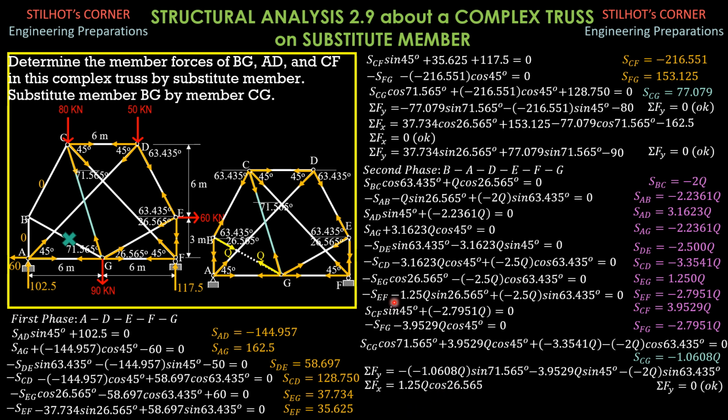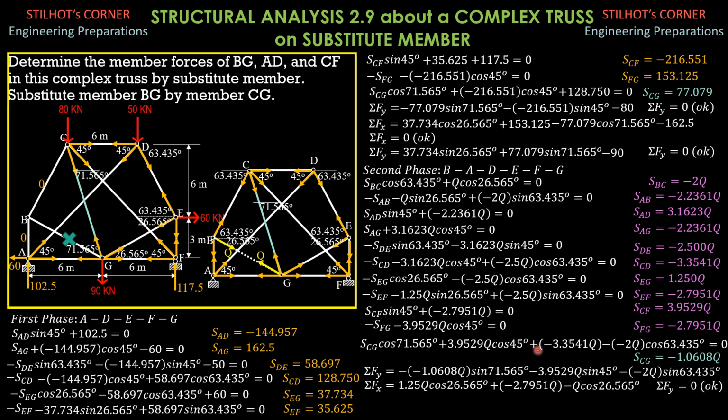So I put the results here. Summation of forces Y is indeed 0 or almost 0, so that's fine. Because we have shown that the last joint is in equilibrium, we are sure that all these calculations and the values are correct.